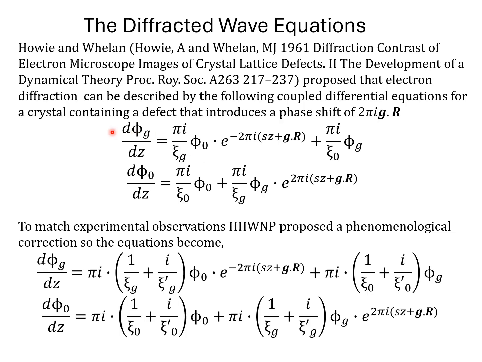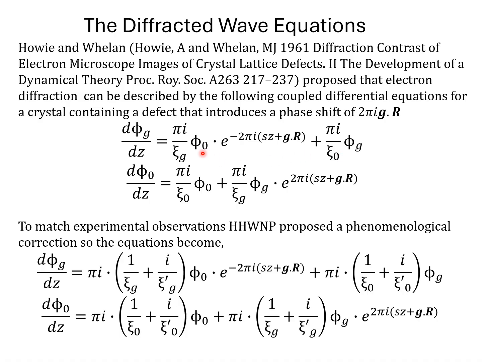So this dphi g by dz, relative to the configuration we see here, you'll notice that each component is the denominator. There's this parameter called psi g or psi 0, and this is an extinction length.